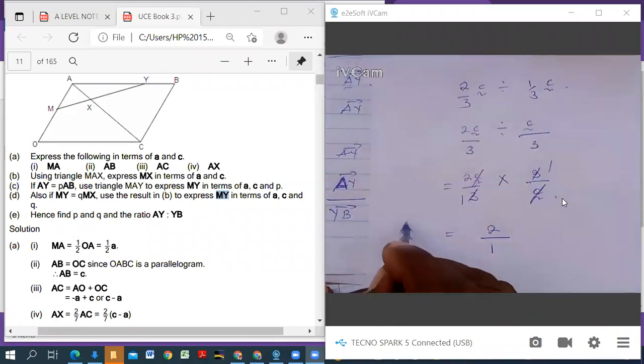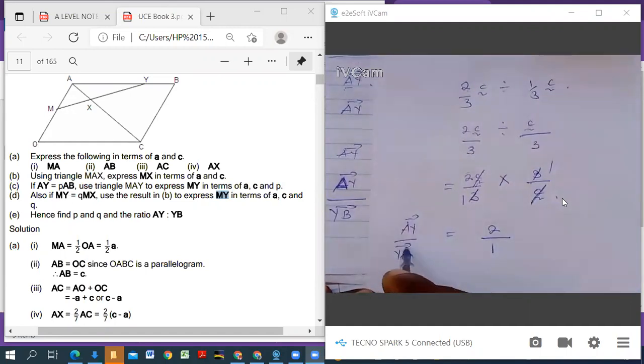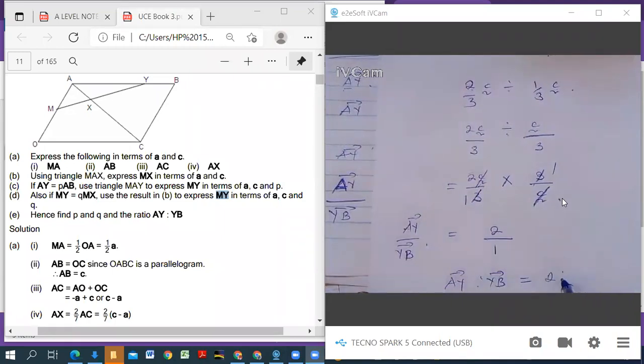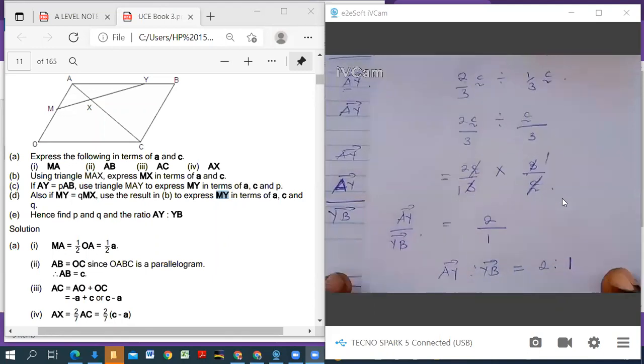And that was AY over YB. So now the ratio of AY to YB is equal to 2 to 1.